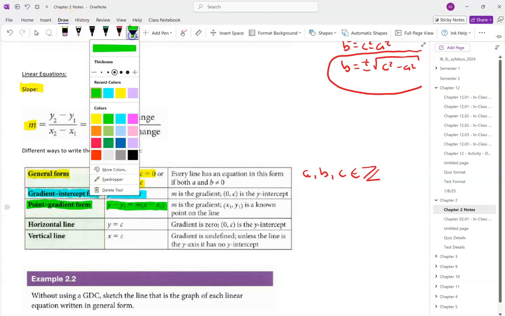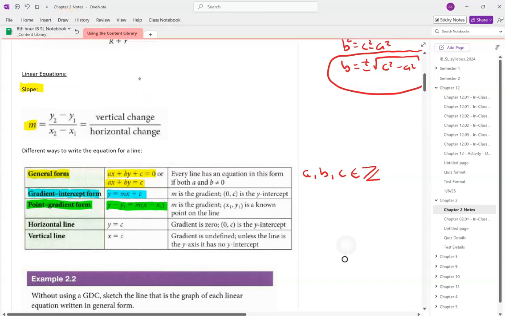And then we have 2 special cases. If you have a horizontal line, the equation is just y equals c, where c is the y coordinate for every point on your horizontal line. This is technically both slope-intercept form and standard form, or I should say general form.